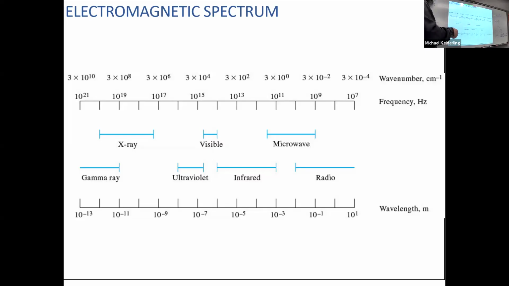Then there's this small range, the visible, which is what our eyes can detect. Then infrared, again, that's below red, just as ultraviolet is above violet. Then at the bottom of infrared, we have microwave, which then goes into radio waves.